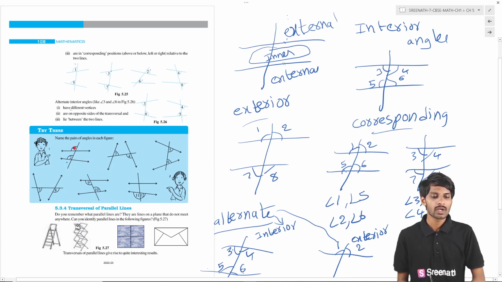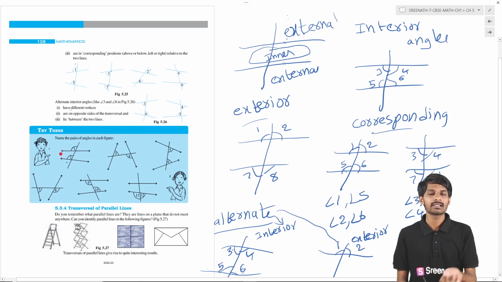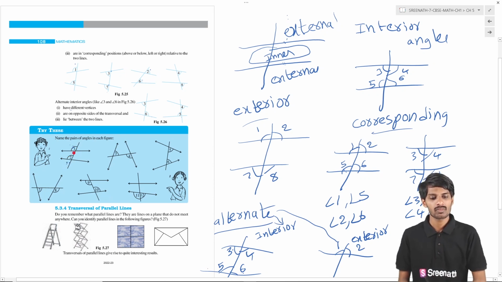Now by observing this, can you tell what are those angles? These two angles, are they corresponding angles, alternate interior angles, alternate exterior angles, or a pair of interior angles on the same side? What are those, friends? They are at different vertices, and they are on the same side and corresponding side, so they are a pair of corresponding angles.